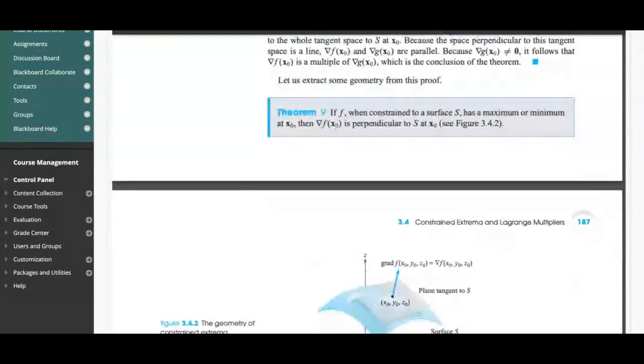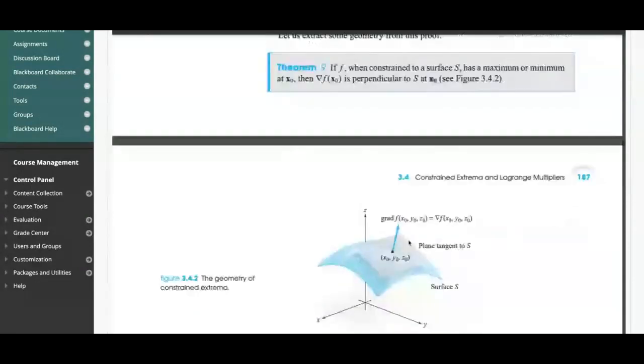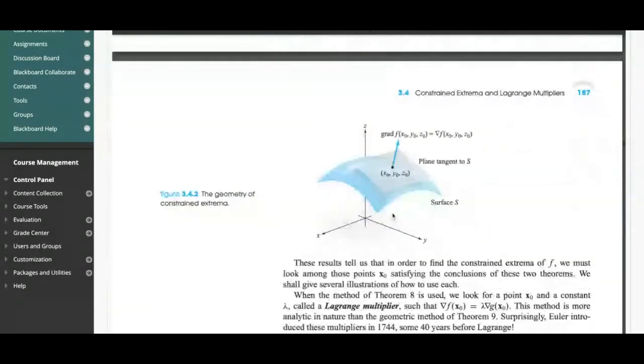Let's see this one. If F, when constrained to a surface S, has a maximum or minimum at x naught, then gradient F of x naught is perpendicular, or orthogonal, to the surface S at the given point. The picture is this. Gradient F evaluated at this point equals lambda times gradient g.